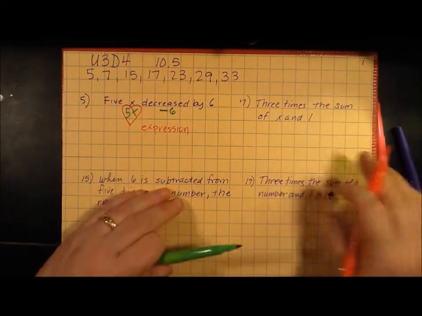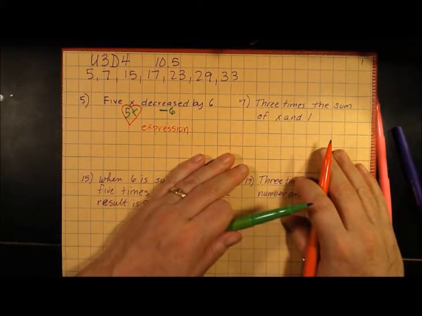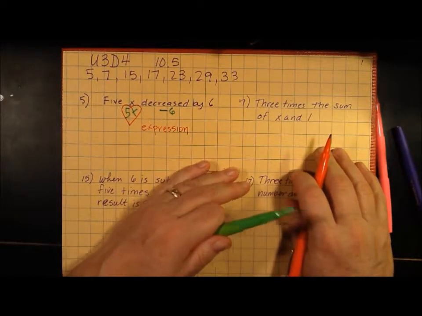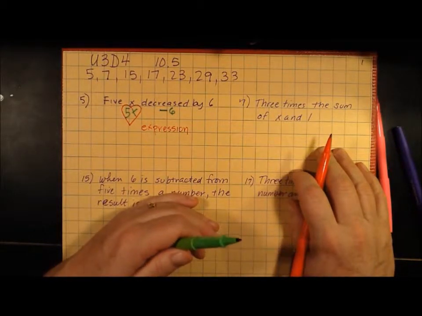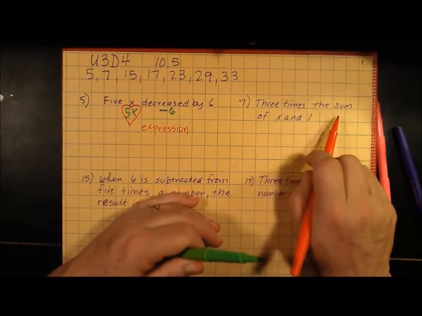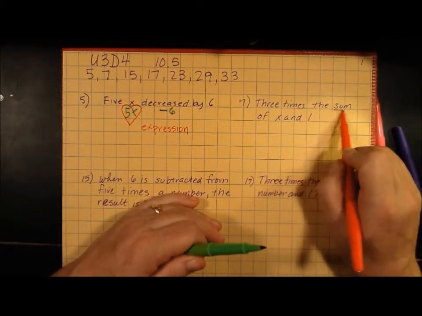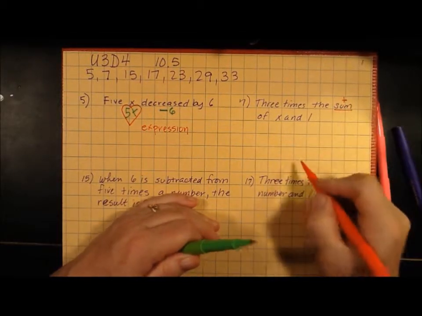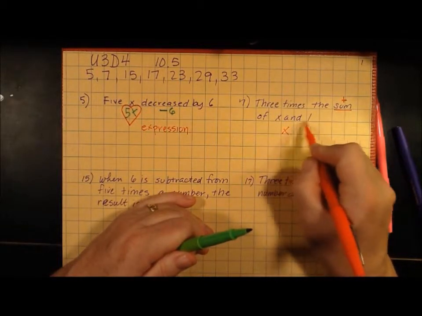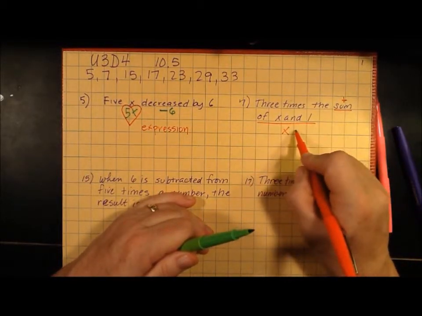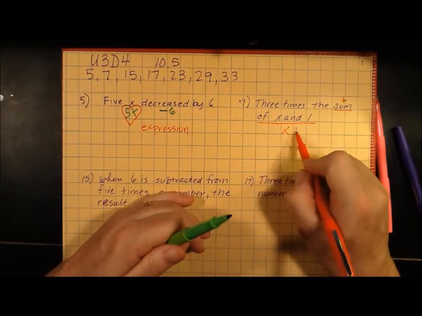Let's look at number 7. 3 times the sum of x and 1. Well, I'm going to look for x, the sum of x and 1. Sum tells me I need to add, and that tells me I need somehow to add x and 1. The sum of x and 1.